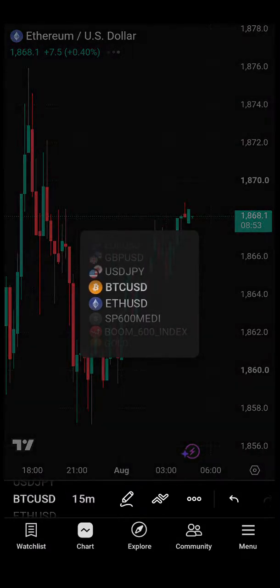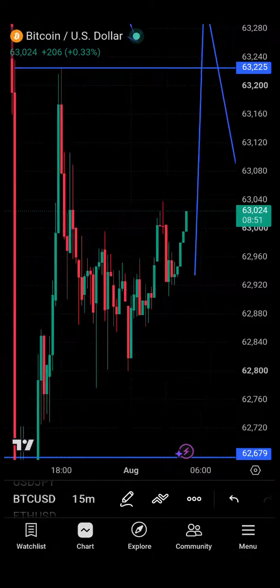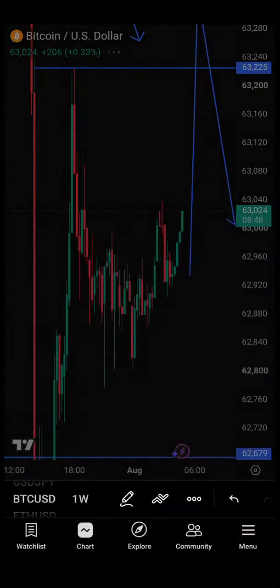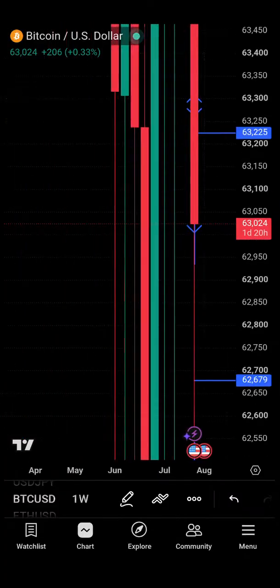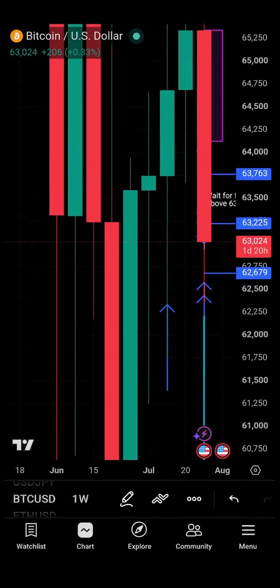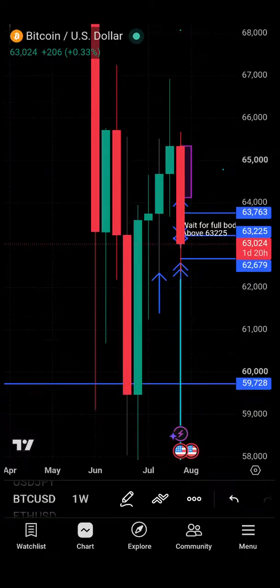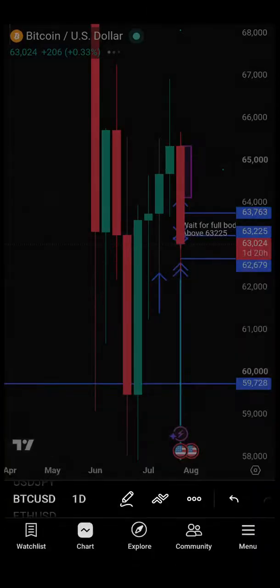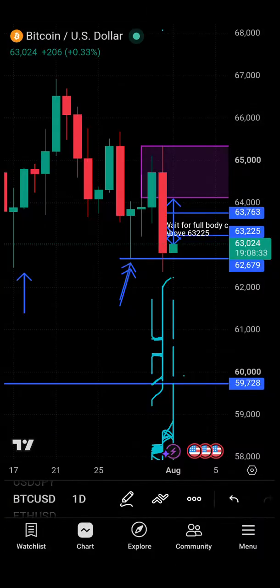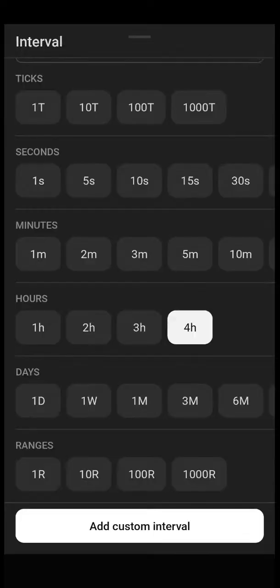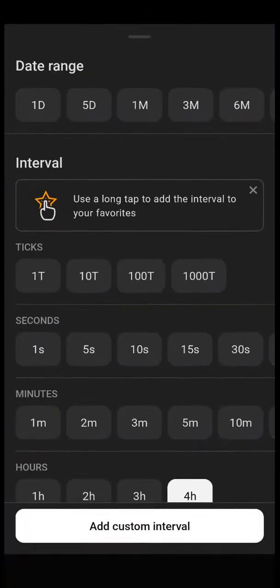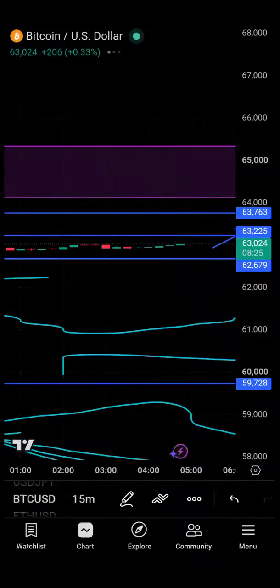Let me show you something. Bitcoin, we analyzed it from the weekly and we moved to the daily. Then we came to the 4-hour time frame up until the 15-minute.